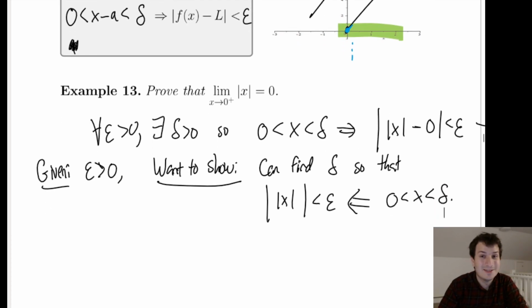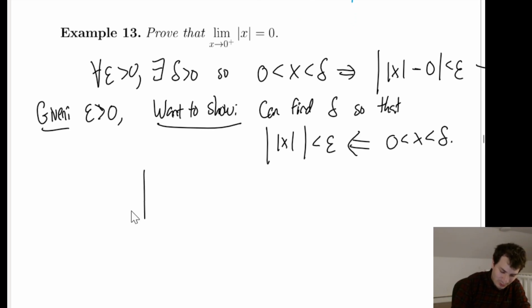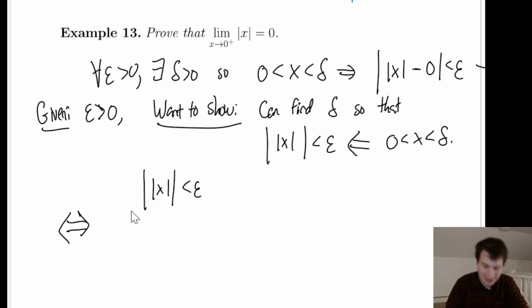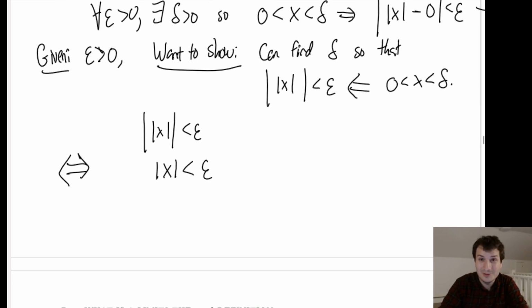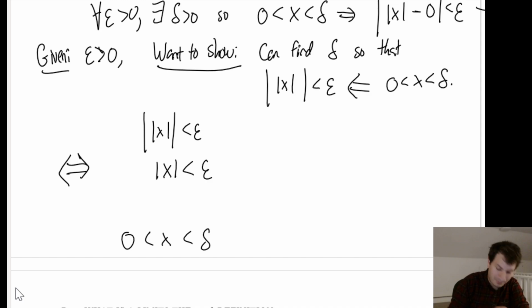Okay, so let's try to do it. And as always, we're going to work backwards. |x| < epsilon. That looks silly because it is silly. The absolute value twice is the same as the absolute value. Okay, and we want to get to 0 < x < delta, with no absolute values.